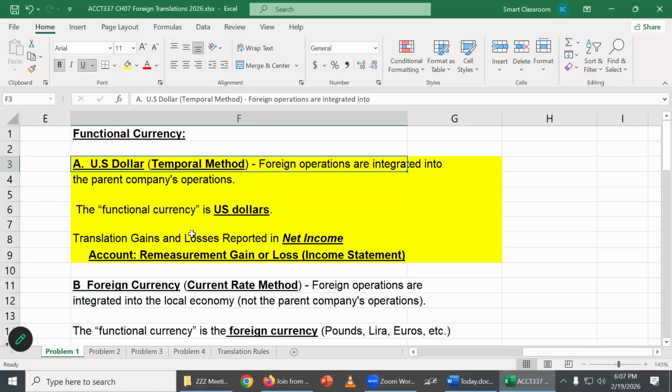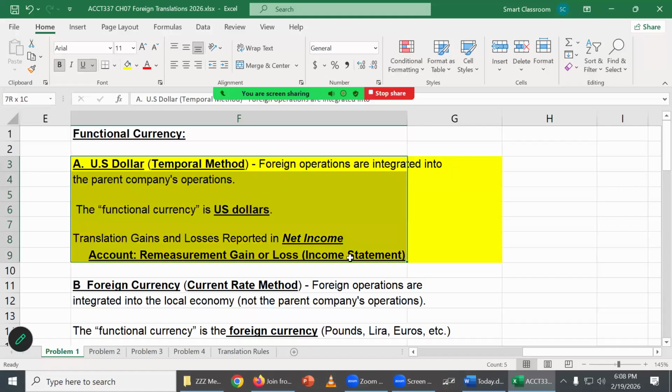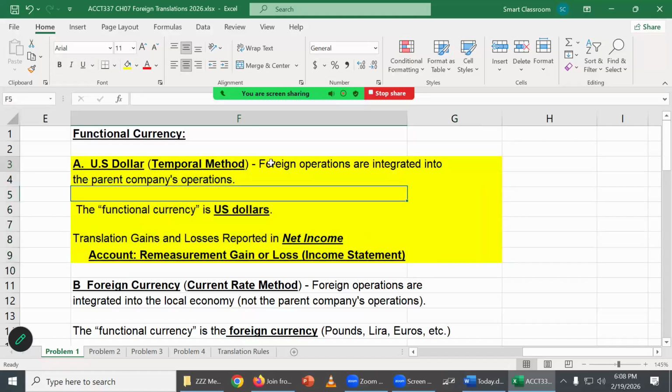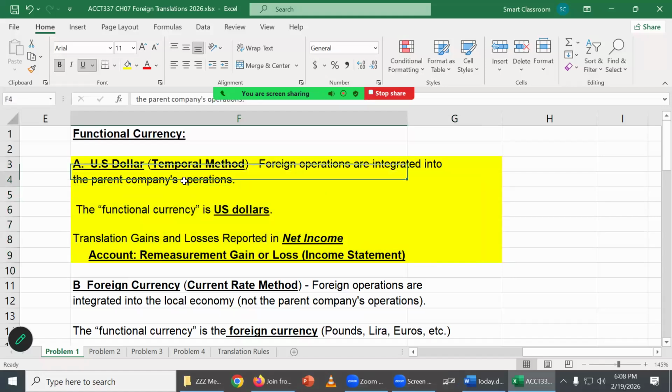That's the temporal method. It could be that they're a country that has high inflation, or that they convert into US dollars because they want the dollars from the international operations, or they need them for the international companies. So the temporal method is for those companies that are very much integrated into the U.S. company.